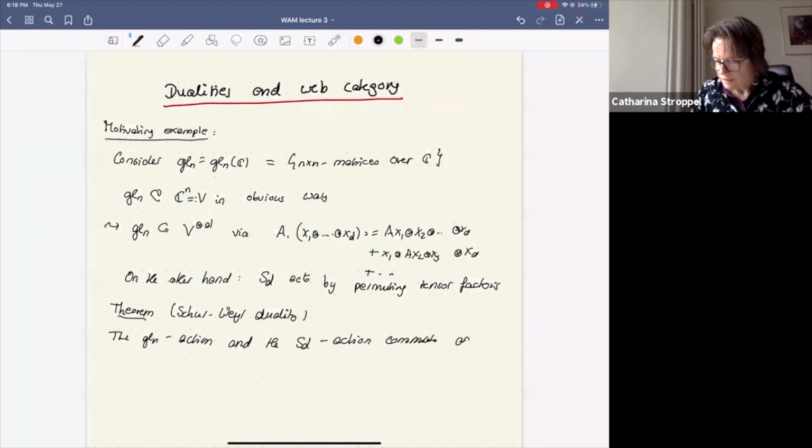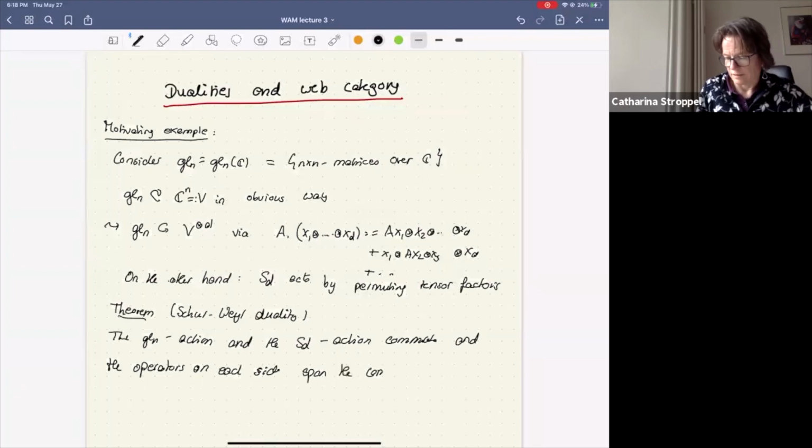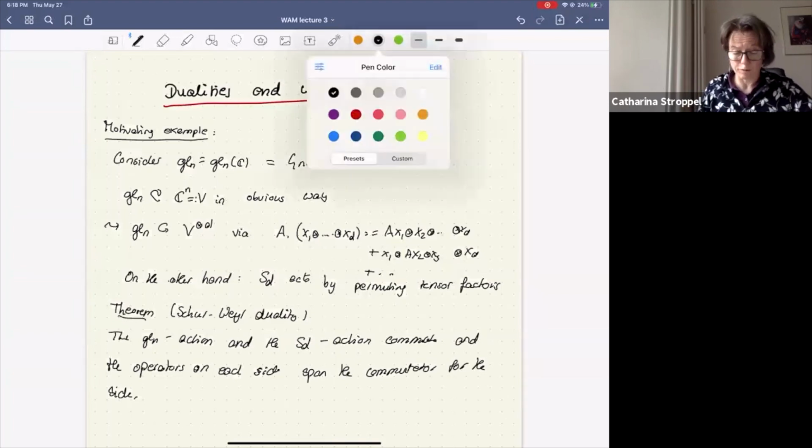But even more, the operators on each side span the commutator for the other side. So that means, in other words, if you ask which endomorphisms would commute with the GL_n action, you get exactly all the endomorphisms which come from the S_d action and vice versa. The ones which commute with the S_d action are exactly the ones coming from the GL_n action.